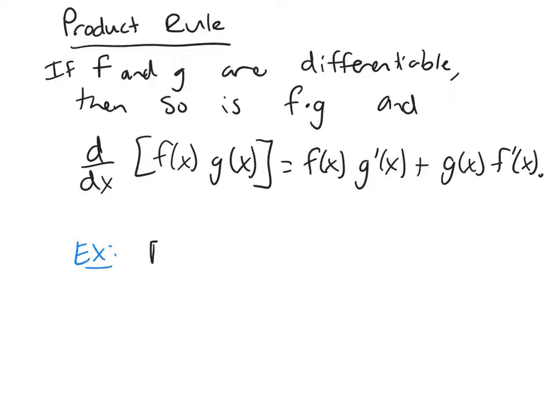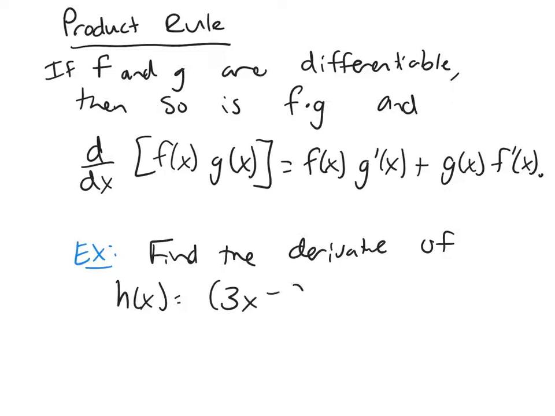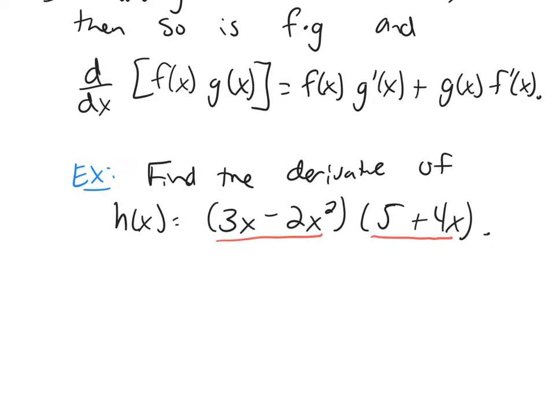I want you to find the derivative of the function h of x is (3x minus 2x squared)(5 plus 4x). So here I have a function that's a product of two things. Because I have a product, I can use the product rule here.